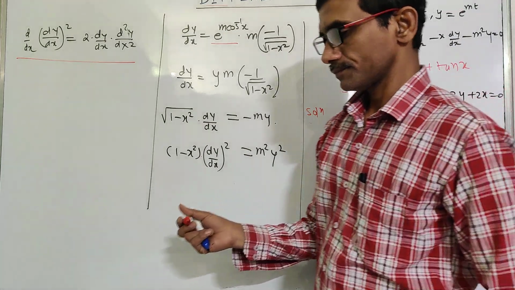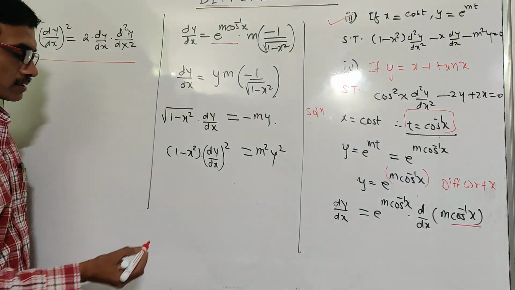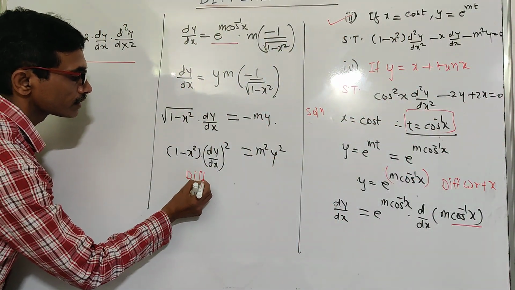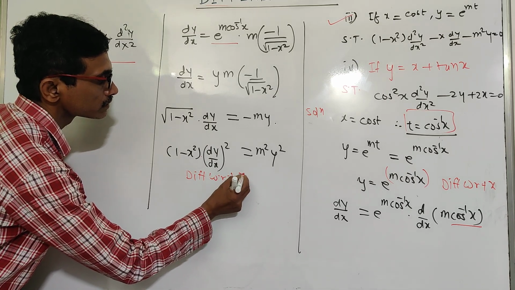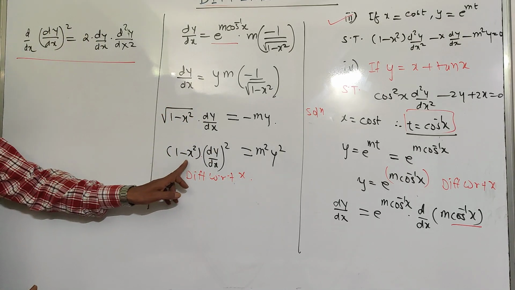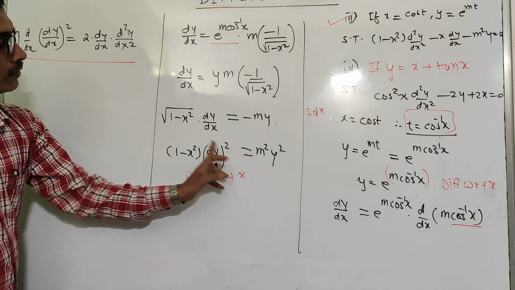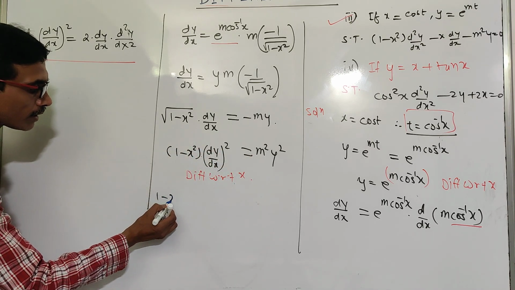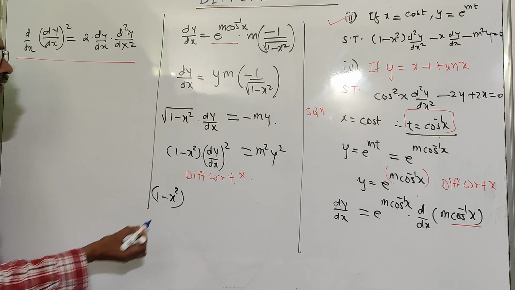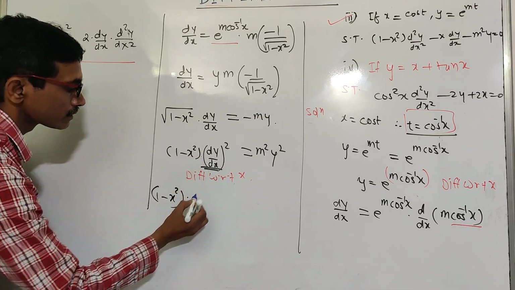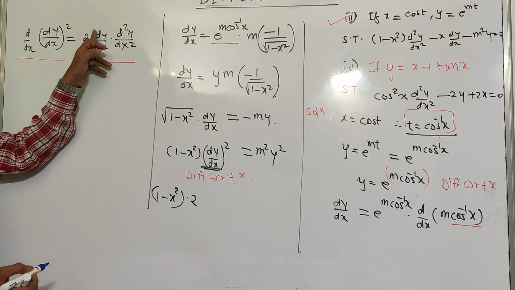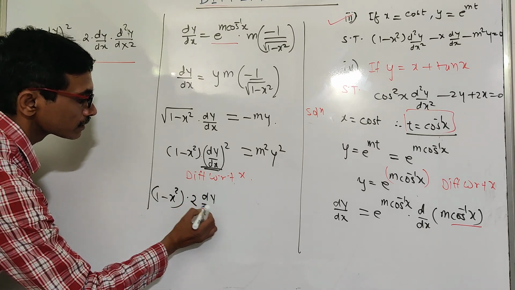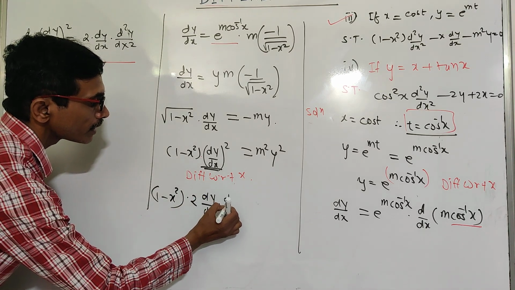So we differentiate with respect to x. It is u into derivative of v plus v into derivative of u, 1 minus x square into derivative of this, which is, as earlier we said, 2 dy by dx into d square y by dx square.